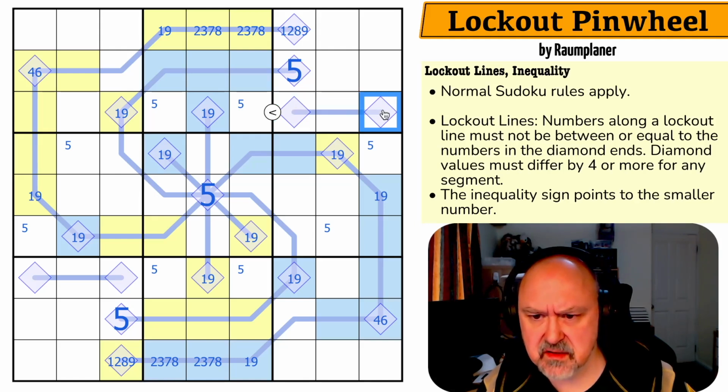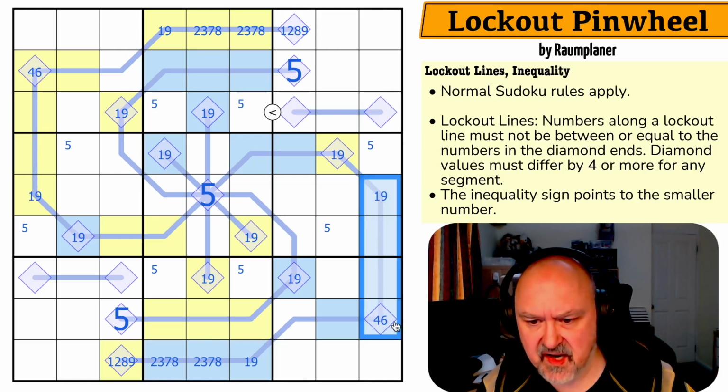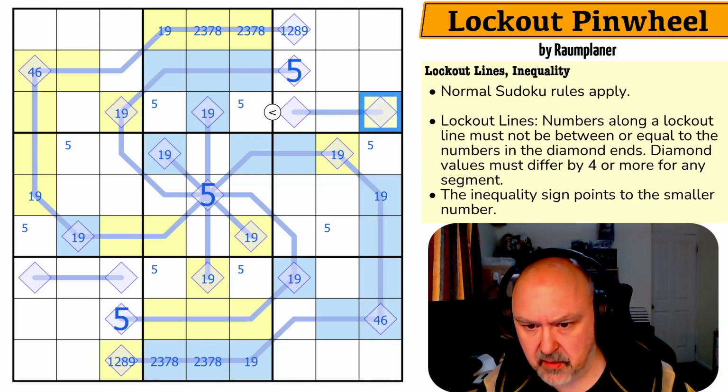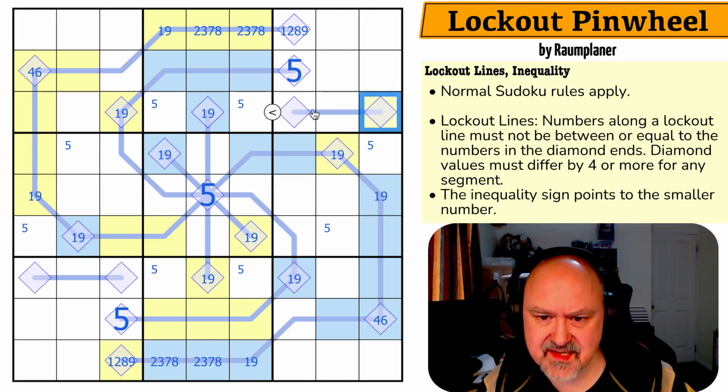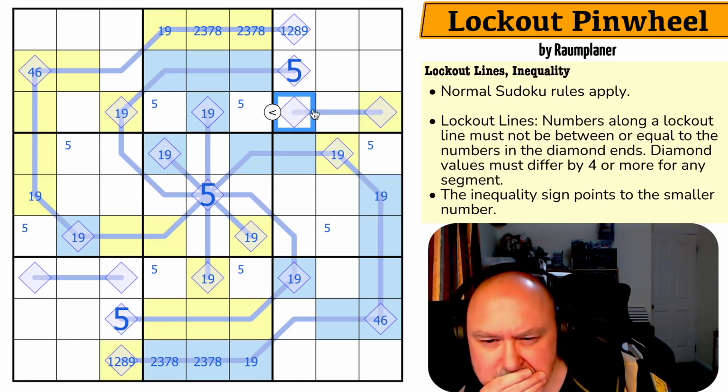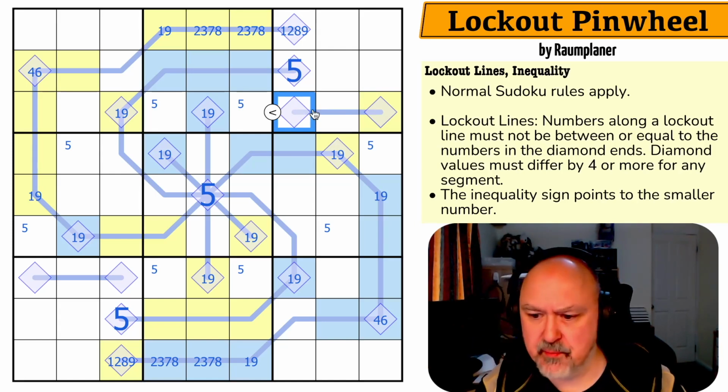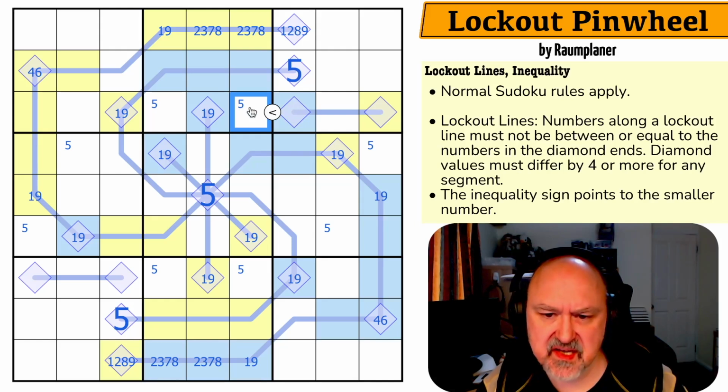So this can't be 5 and it can't be blue. So this is absolutely yellow. And with a 4 difference, this has to be blue, doesn't it? Yeah, it has to be blue. So this is blue. And this has to be yellow or 5. That's it, isn't it?